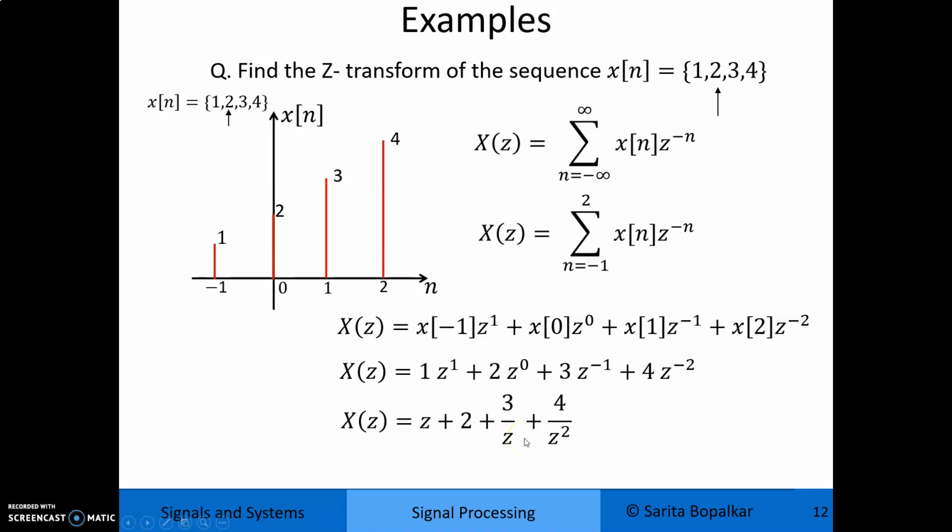Now let's put z is equal to infinity. So here it becomes infinity. 1 upon infinity is 0, but here z is there. Due to this z, x of z becomes infinite at z is equal to infinity. So here we can say that for z is equal to 0, 1 upon 0 is infinite, and for z is equal to infinite, this x of z becomes infinite.